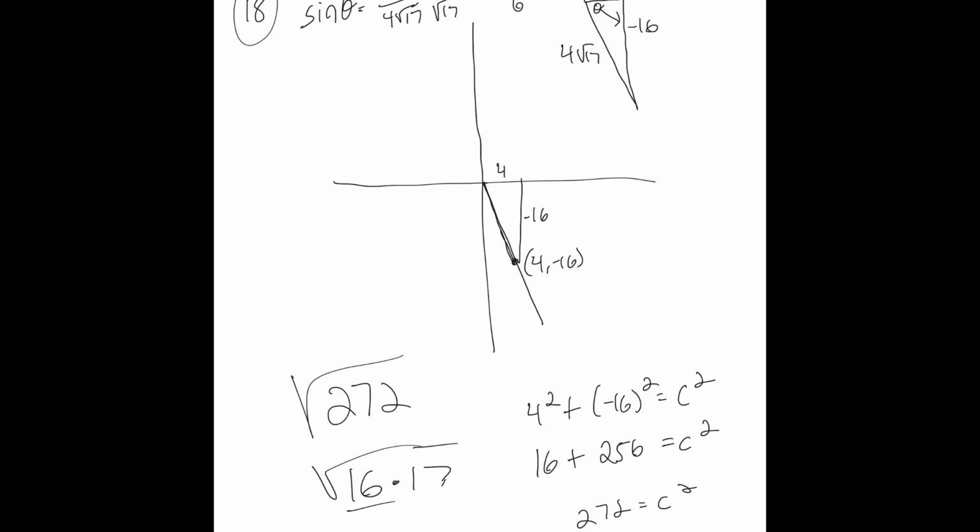That's 68. And this part right here simplifies down. -16 over 68. Let's see. That's -4 root 17 over 17.